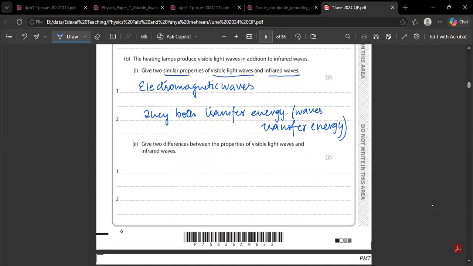Give two differences between the properties of visible light waves and the infrared waves. The basic difference is that they both have different frequencies? Yes, and the wavelength.